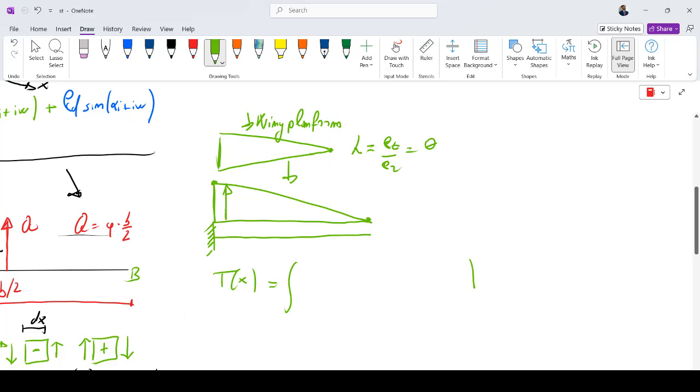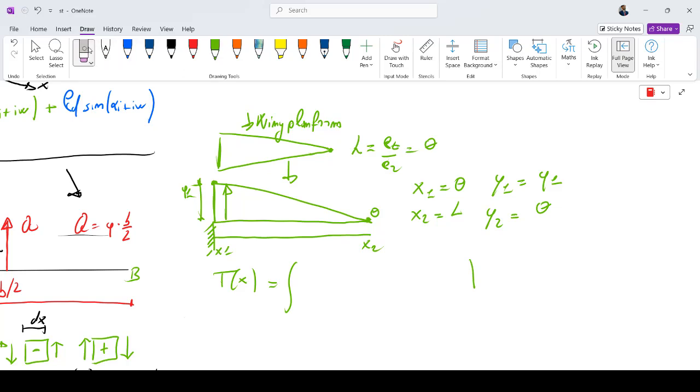For example, here is q1, here is 0. So at x1 equals 0, we have y1 equal to q1. At x2 equal to L, for instance, we have y2 equal to 0.